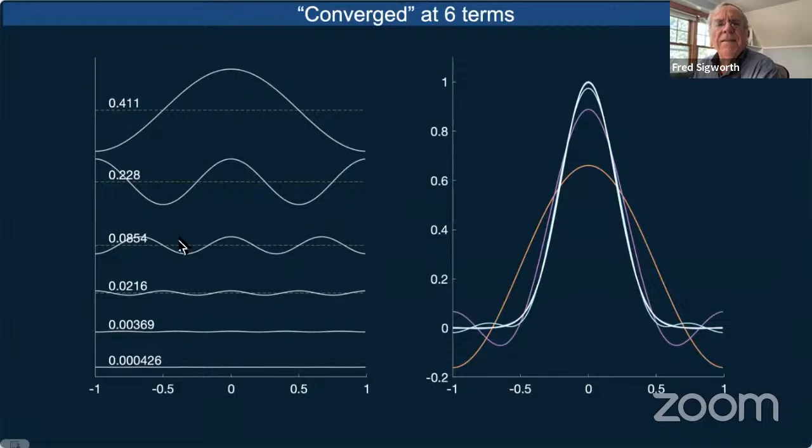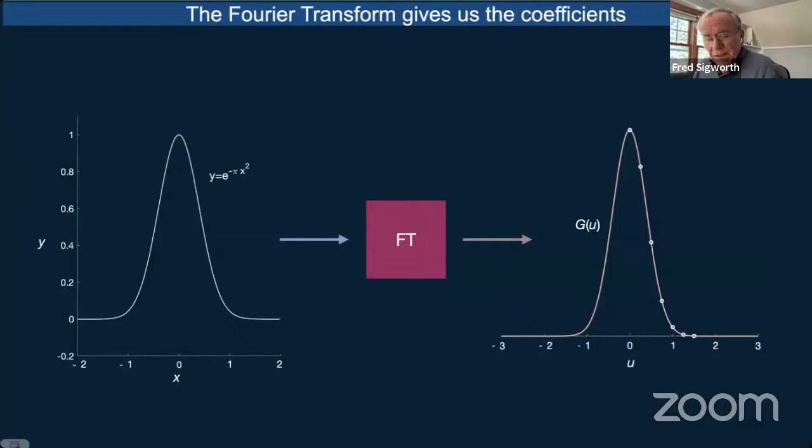The only trick is I have to know what are these coefficients that I have to multiply each of these cosine waves by to get them to sum to reproduce the original function. And the way I get those coefficients is through this operation called the Fourier transform.